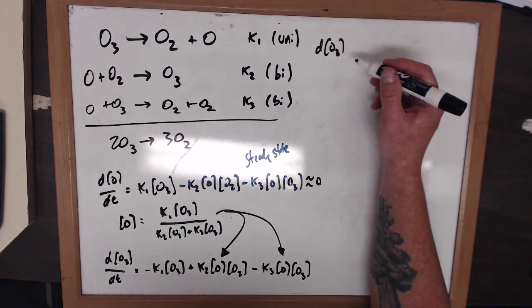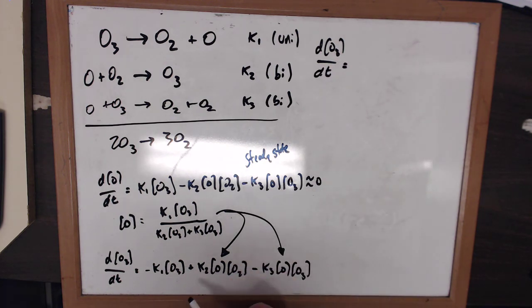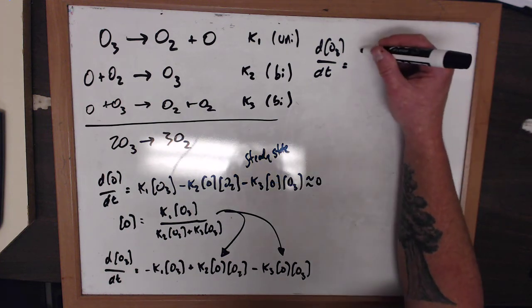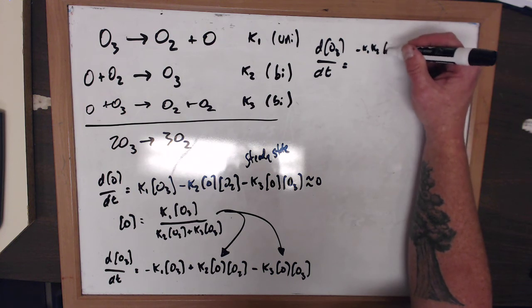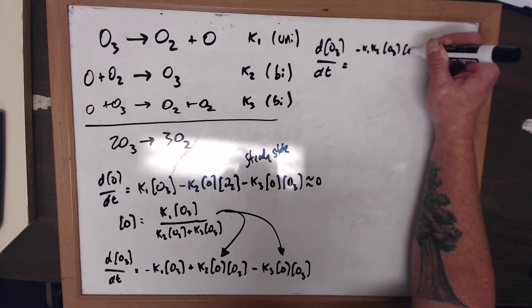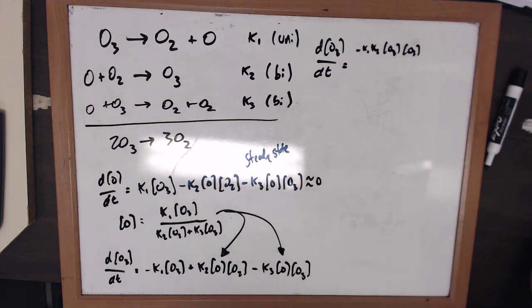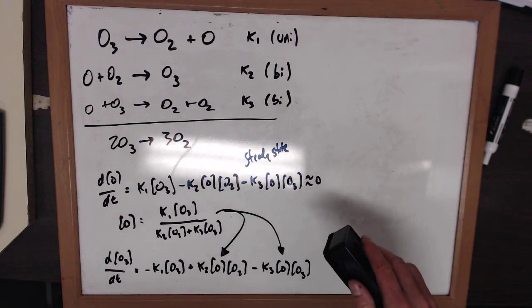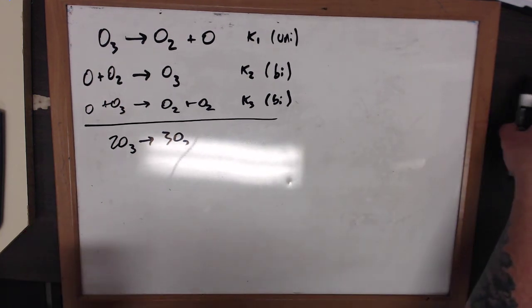So dO3/dt equals, and so I'm just going to keep this together as one big chunk here. So that's going to go as the following: negative K1 times K2 times O3 times O2. I'm going to have to make some room here. Okay, so hopefully you wrote all this stuff down. I'm going to get rid of it so I have some room to write it all out because it's a rather long line.